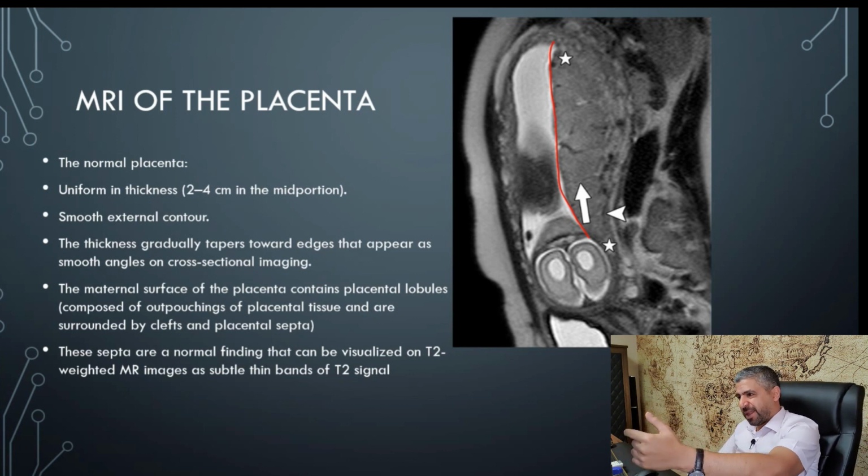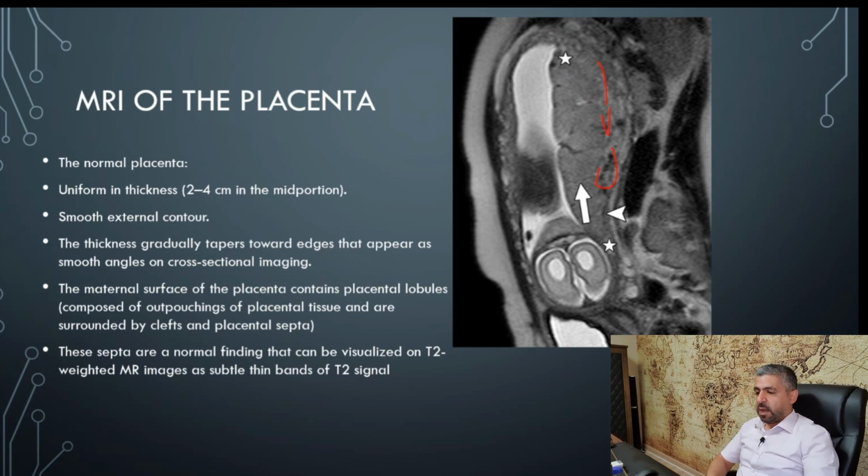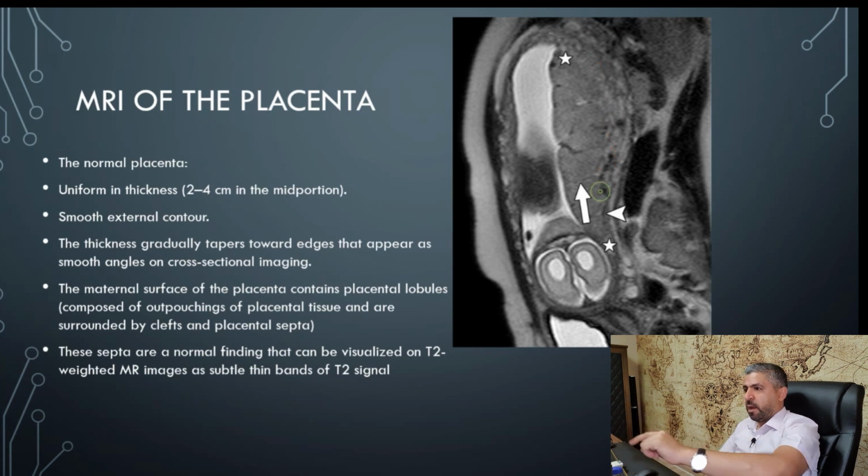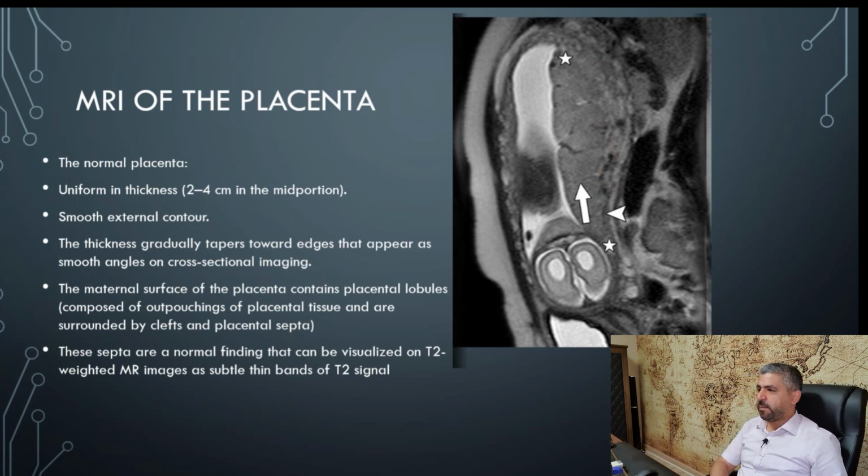So this is a slightly more heterogeneous placenta. You can see the septa here and there, and you can see some placental outpouching or lobules here and there, and you can see there are areas of signal hypointensity at the base representing a normal vascularity of the placenta.